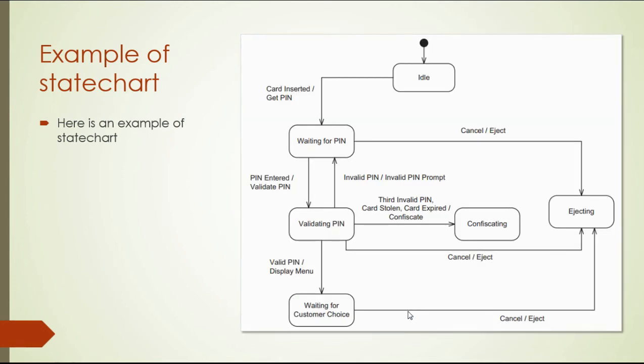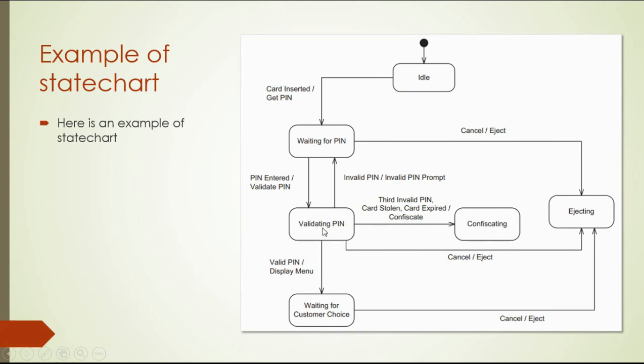Here is a complete ATM card state chart. This state chart is actually the same as the old one, but we consider other options. It starts with idle, and then once the customer enters the card, it goes to waiting for the bin. After entering the bin, it goes to validating.